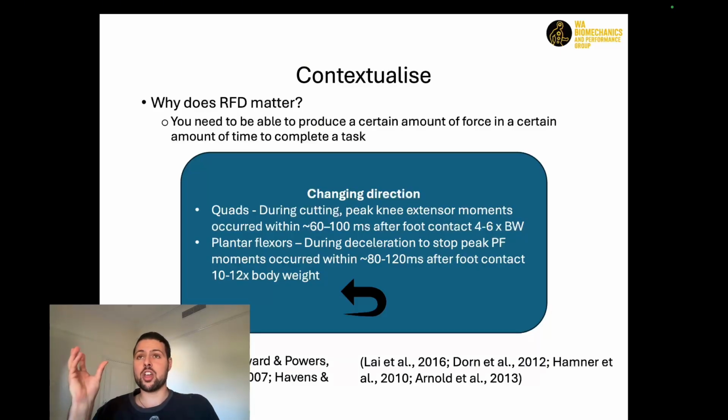So that's a lot of internal forces needing to be produced in a very short amount of time to do these decels and change of direction. And it's even larger in the plantar flexors, right? During deceleration, to stop, peak plantar flexion moments were occurring 80 to 120 milliseconds after foot contact. And this is as high as 10 to 12 times your body weight. So again, we need X amount of peak force in X amount of time to do these tasks with high performance.